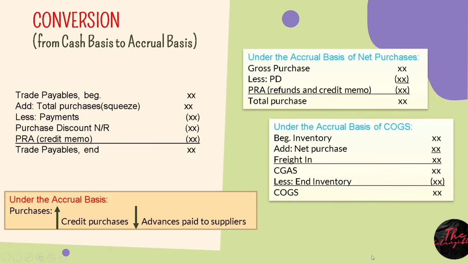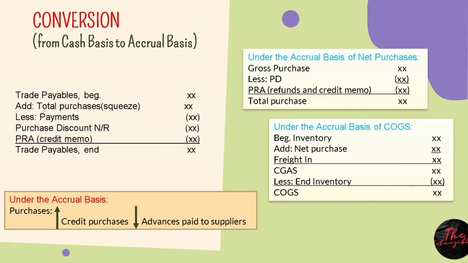And once again, ang total purchase ay kinakailangan i-squeeze under the accrual basis of net purchases. The gross purchase is less by purchase discount and purchase returns and allowance. And the answer would be total purchase.